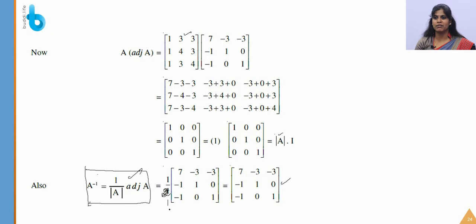But here we have 1 by 1, hence on multiplying with 1 I got the same matrix. I hope you understood this, and practice more. Only with practice will you take less time to solve these problems. All these problems are time consuming, but only if you practice will you get the correct answer in less time and with no computation errors.